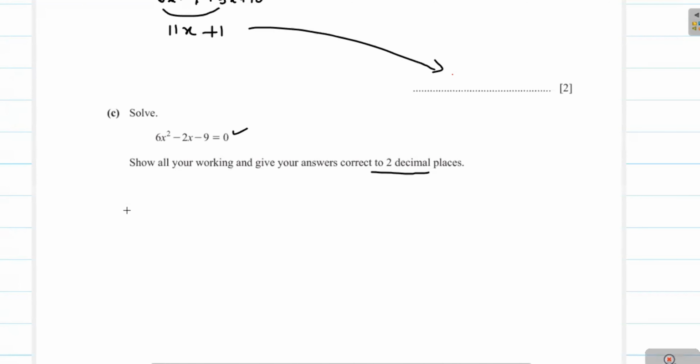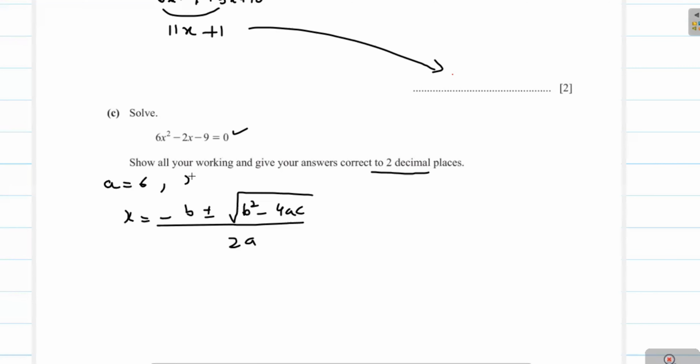According to the quadratic formula, x equal to minus b plus minus the square root of b square minus 4 times ac, all over 2a. Here a is the coefficient of x square, the coefficient of x, minus 2, is b, and the constant c is minus 9.